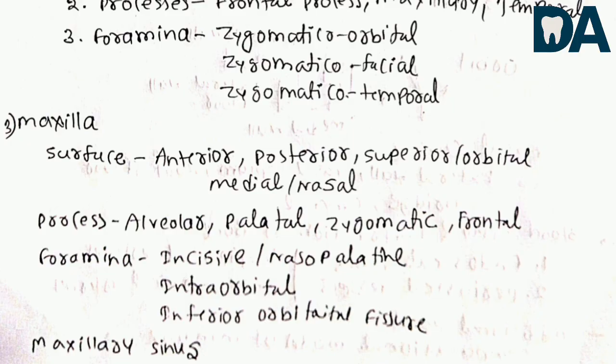It is also called the antrum of Highmore. It helps to humidify air, lessen the weight of the skull, and provide resonance to voice. It communicates with the nasal cavity through the middle meatus.